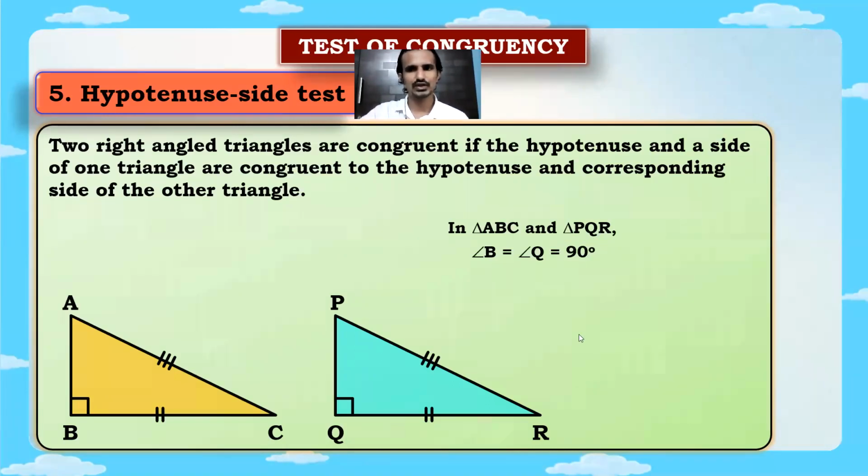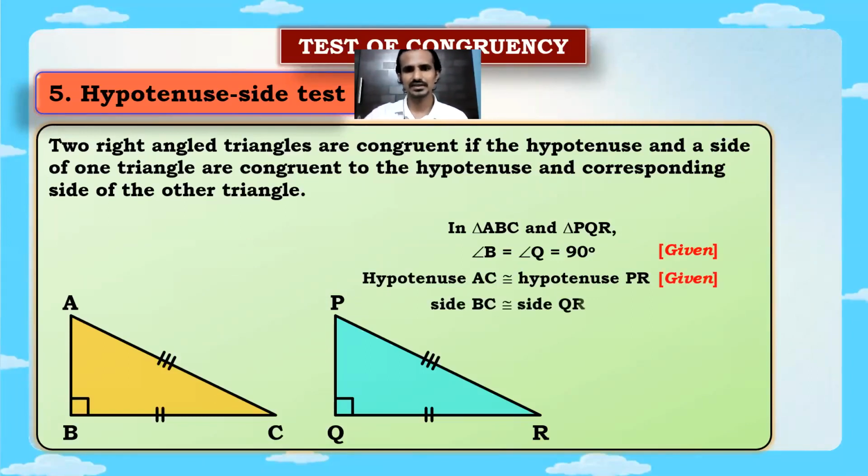So angle B and angle Q both are 90. After writing right angles, then we have to write down the hypotenuse and then the side. So hypotenuse AC is congruent to hypotenuse PR, that is already given, and side BC is congruent to side QR. So we say triangle ABC congruent to triangle PQR by hypotenuse side test.